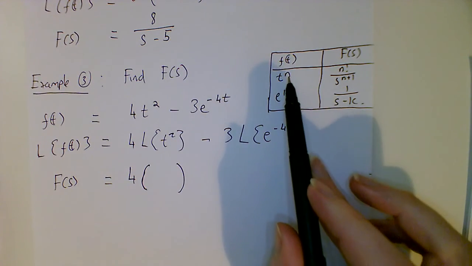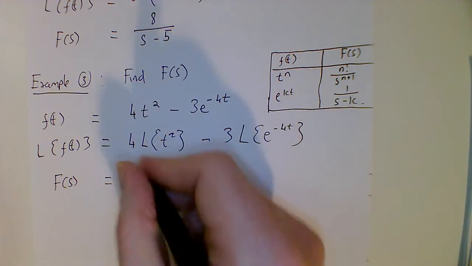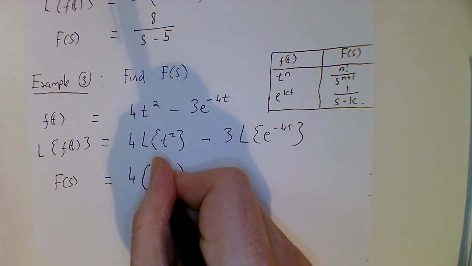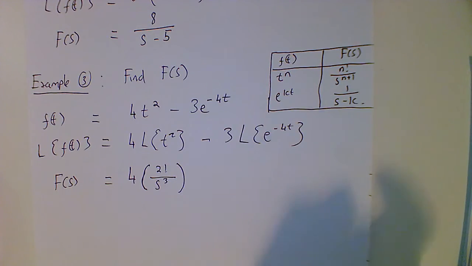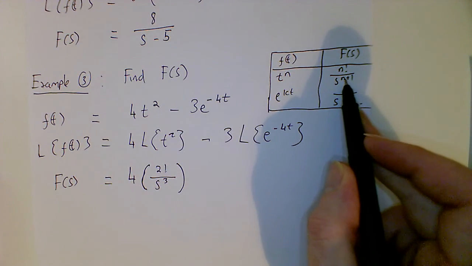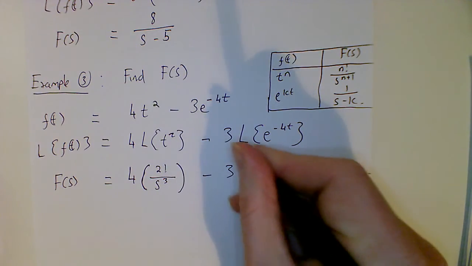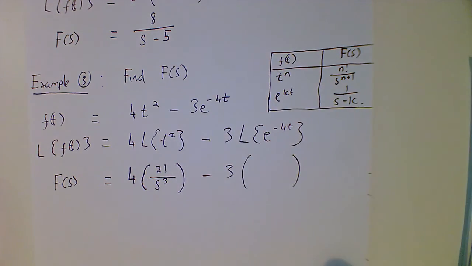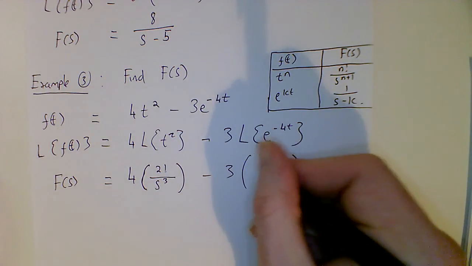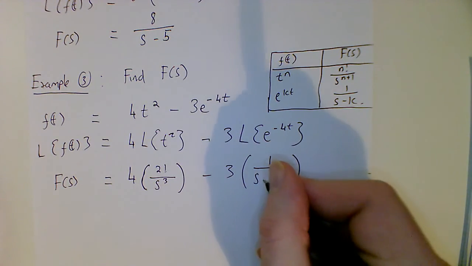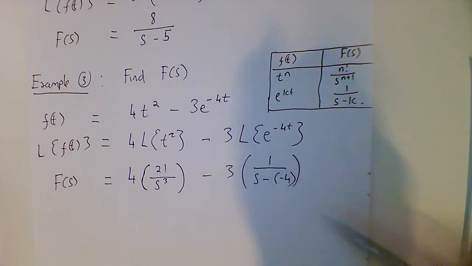So t squared is going to be 2 factorial over s cubed. Remember, you add 1 to the power, 2 plus 1. Take away 3, and that's 1 over s take away negative 4, like that.